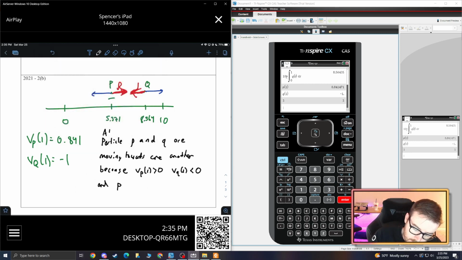At time t equals 1, particle P and Q are moving towards one another because V of P is greater than 0. Thus, moving right.